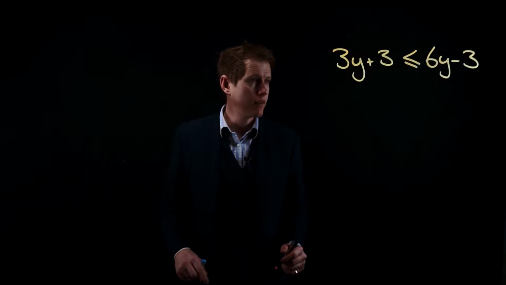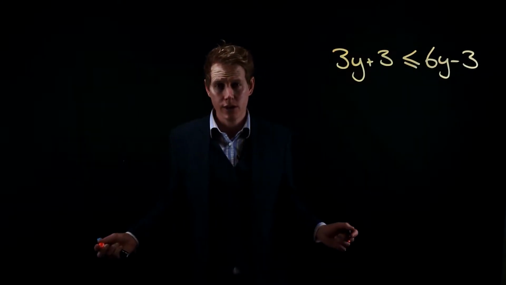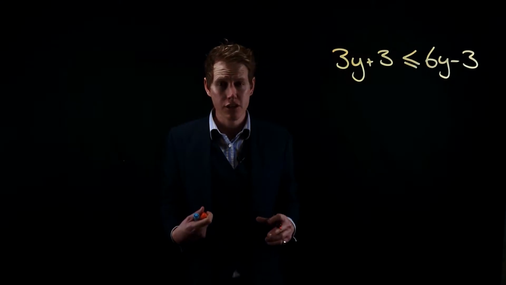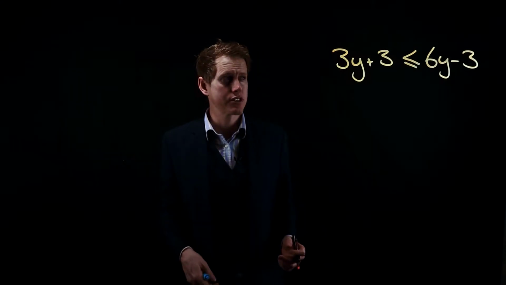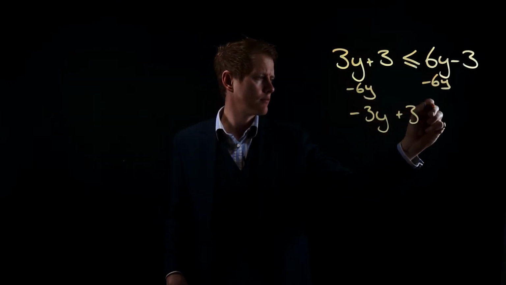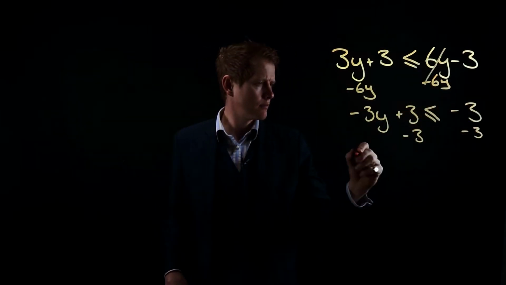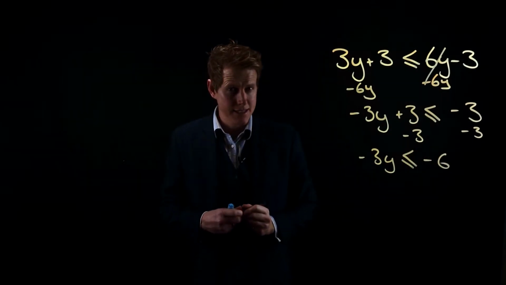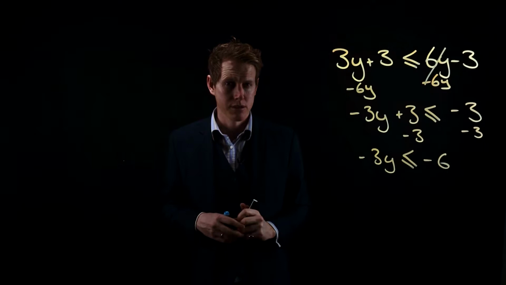Right, so this is a slightly more complicated question, but I'm going to do exactly the same things as I did in the last question. I'm going to use inverse operations to effectively solve for y. I'm going to stop there because this is very, very important.